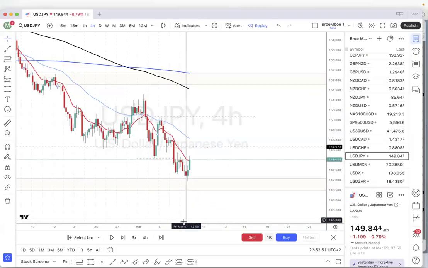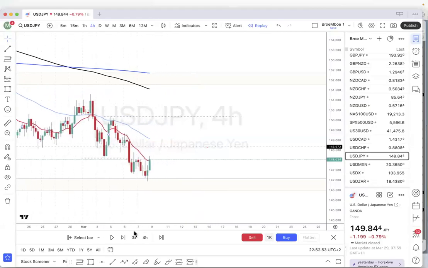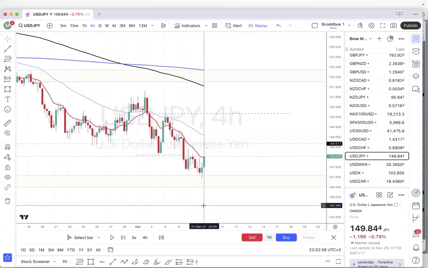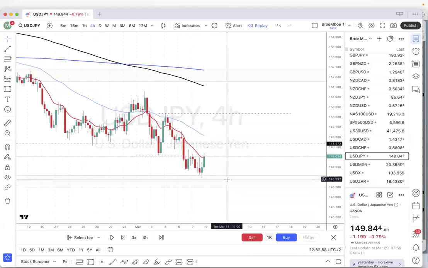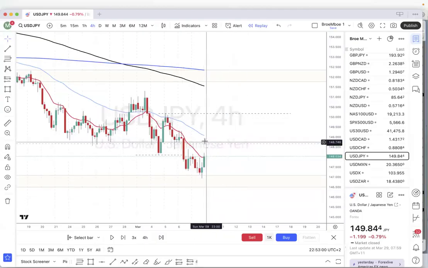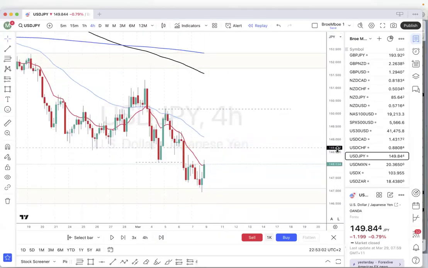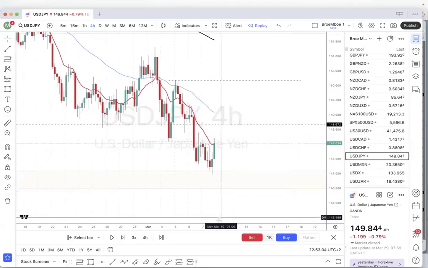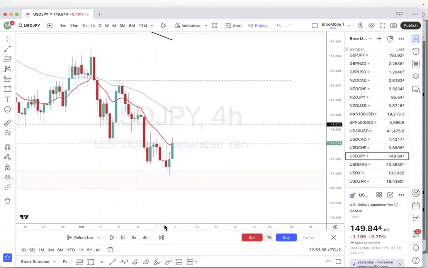You know why? Because we haven't taken out any high. Any previous high hasn't been taken out. The 4-hour is still a sell. All right. If you look closely here, there appears something like another break of the low, right?